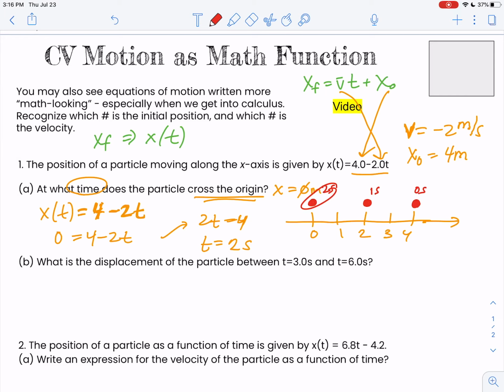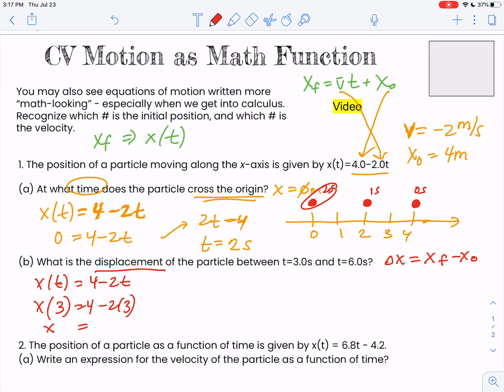What is the displacement of the particle between 3 and 6? So x final minus x initial. I'll have my position function, and I'm just going to plug in a time of 3. At 3 seconds, the position is 4 minus 6, which is negative 2 meters.